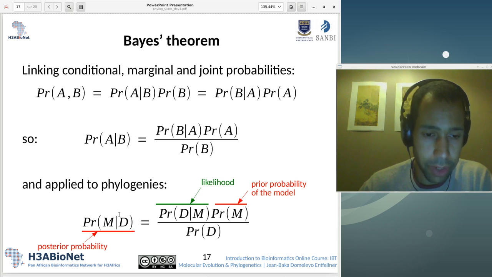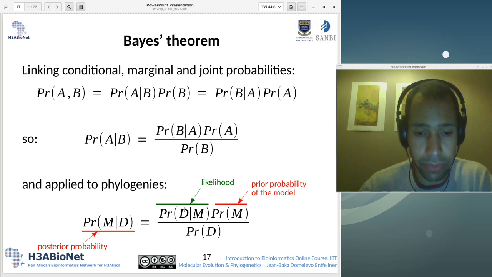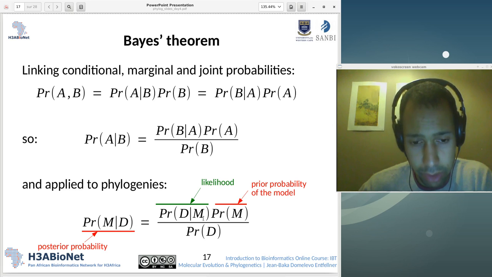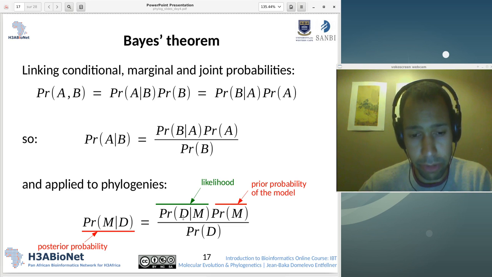So here I've started with probability of M conditional on D is equal to probability of D conditional on M times probability of M divided by probability of D. In Bayesian terms, remember this probability of D conditional on M is the likelihood of the model. The likelihood of the model is the probability that the data has been generated by this model.